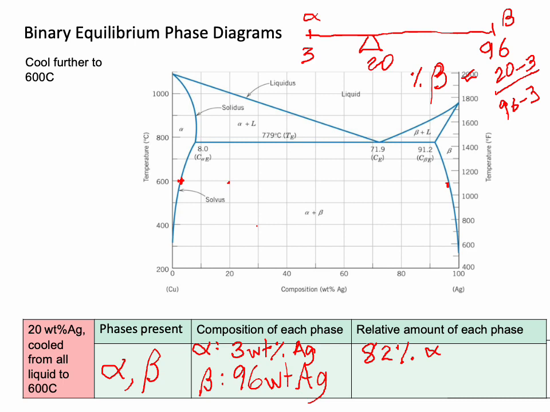And I should get 18% because these two numbers should add up to 100, and I do.